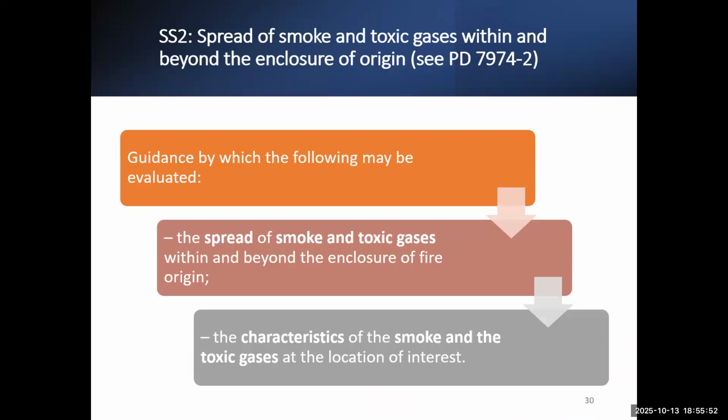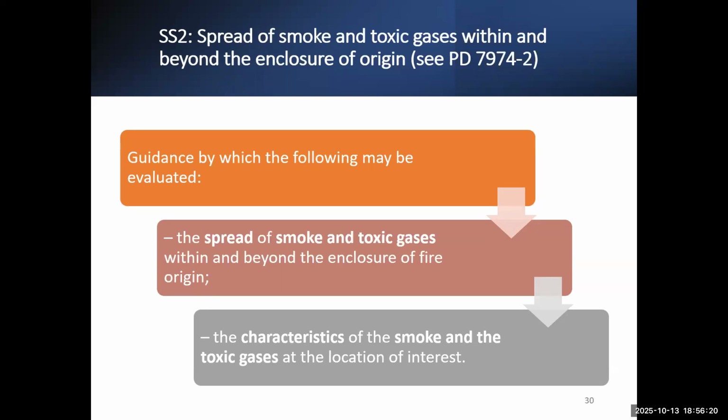Okay, so having modeled the fire's development and its key output in subsystem 1, we now turn our attention to the movement of its most dangerous byproducts. Subsystem 2 focuses on the spread of the smoke and toxic gases, both within the room of origin and to the adjacent spaces.